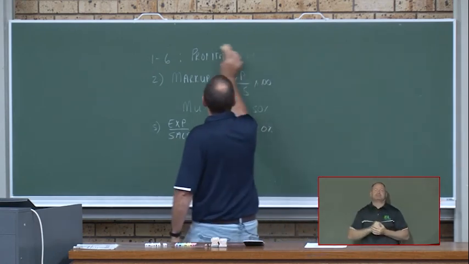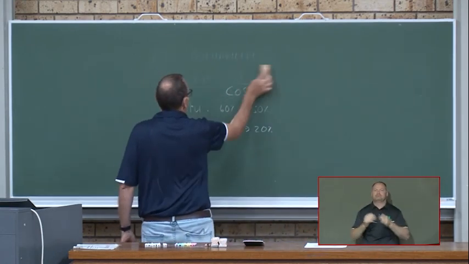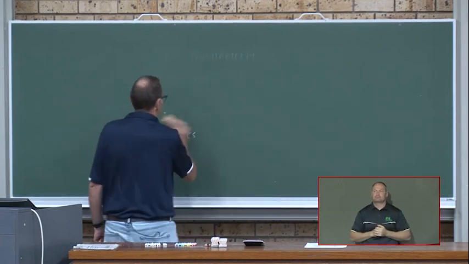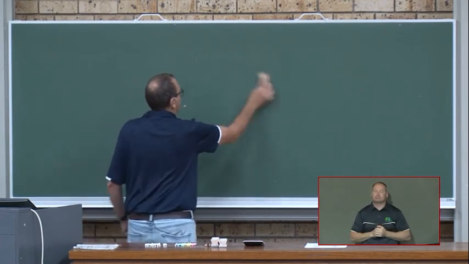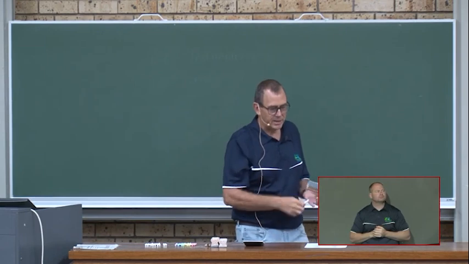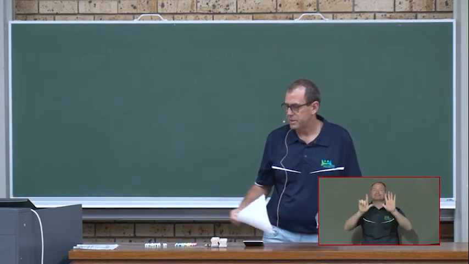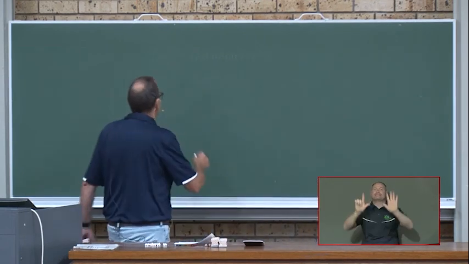Now, the next one. The next one is number 7. Number 7 runs on its own. Solvency.